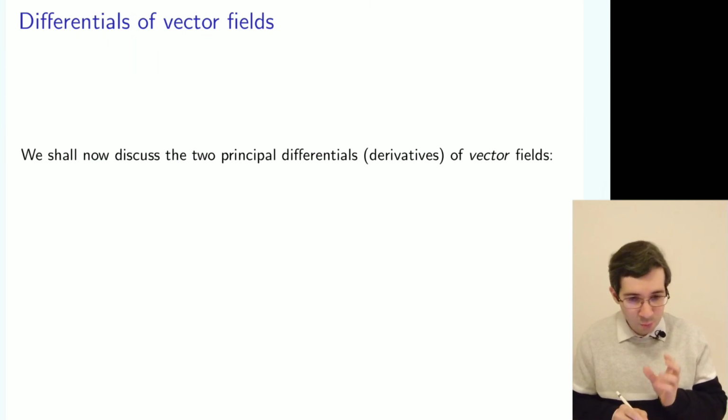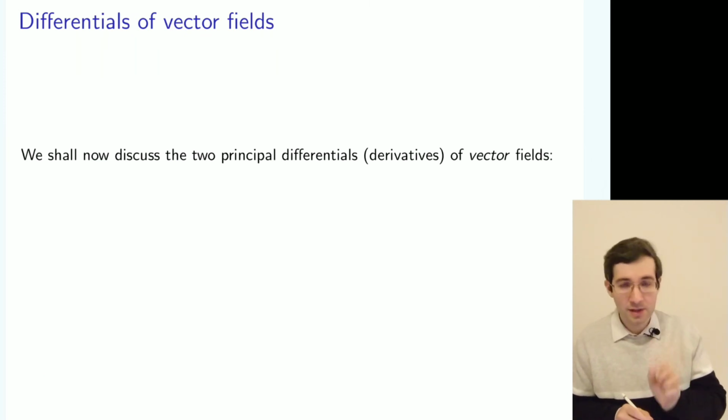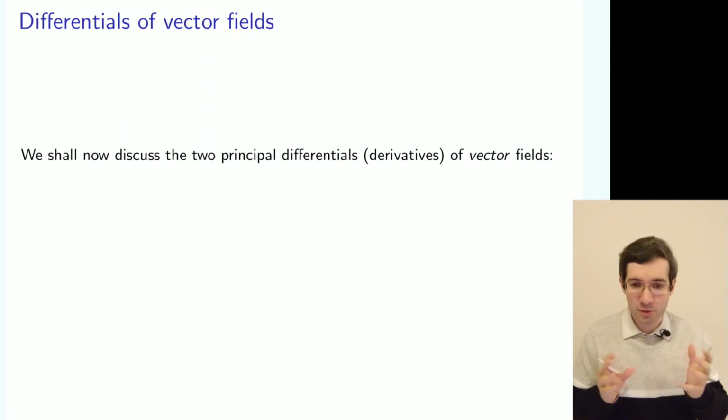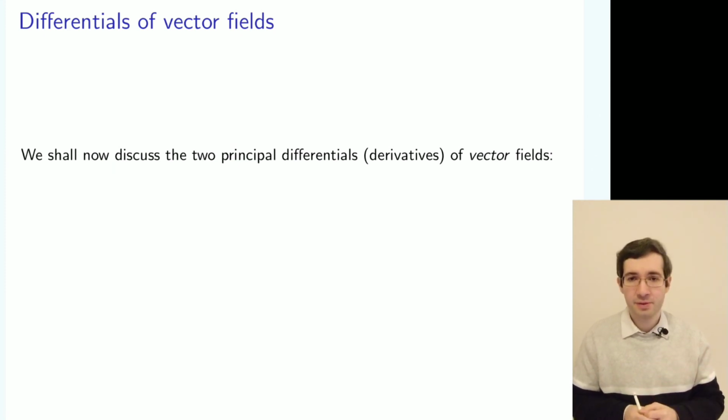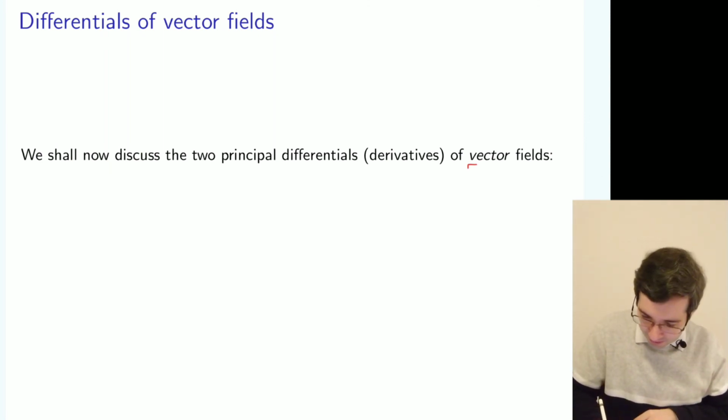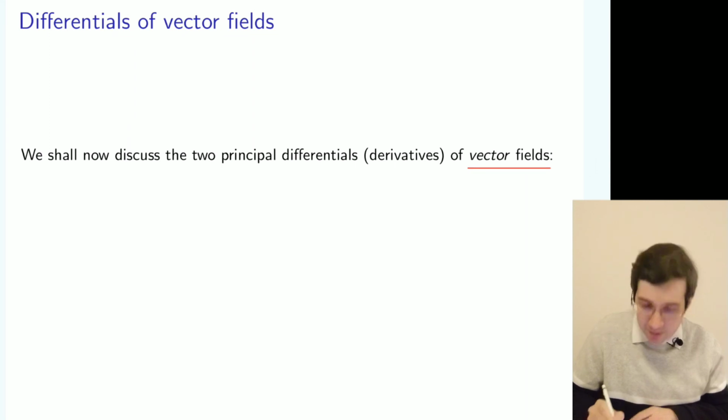And the reason why we thought about this operator, this nabla, in somewhat detached way is because it allows us to introduce other differential operations on the fields, in particular on the vector fields. So that is very useful.